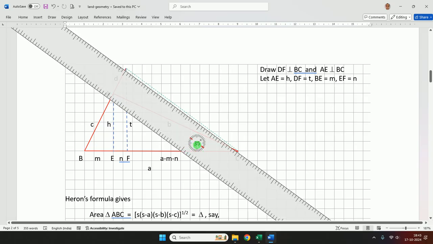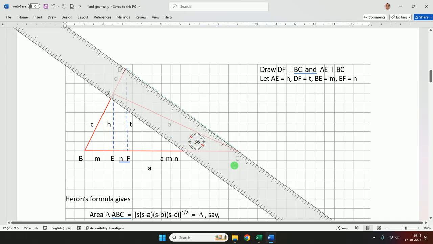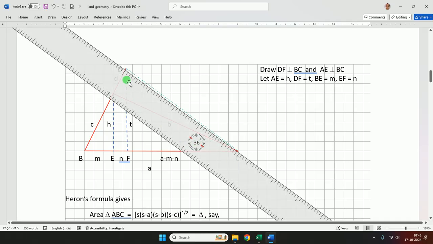Okay. So it is how much? So 10, 20, 30, 40, 45, a little more than 45. Okay, as you can see, slightly more than 45. So it is slightly more than 15.